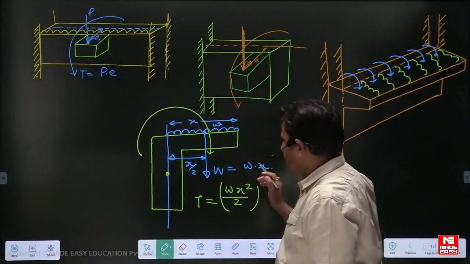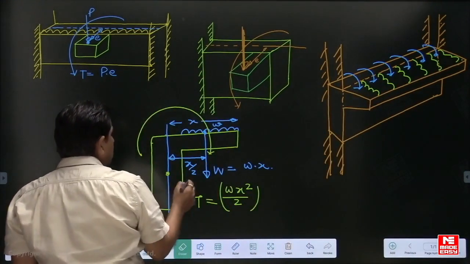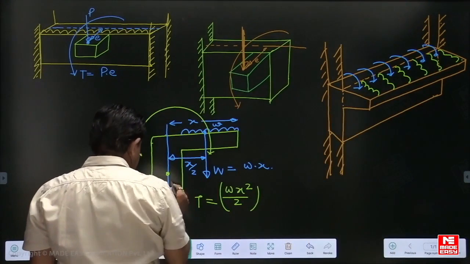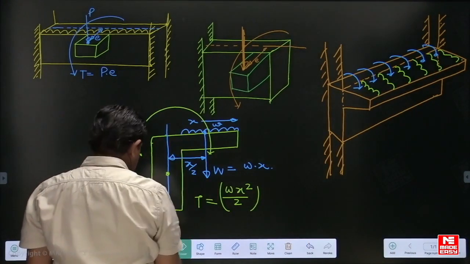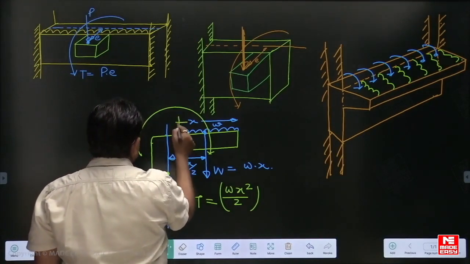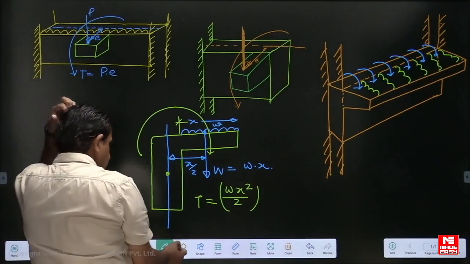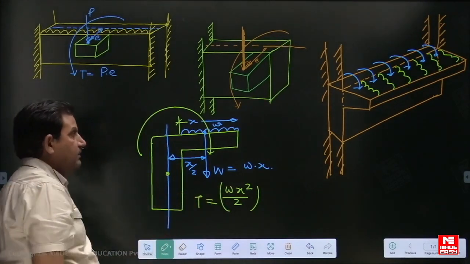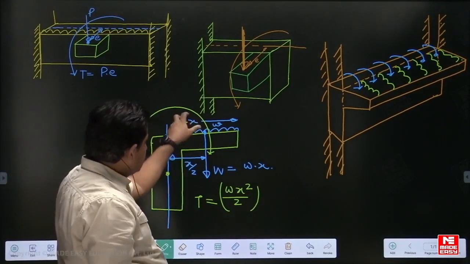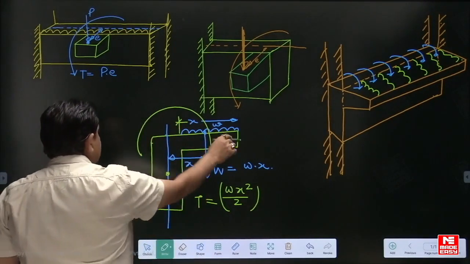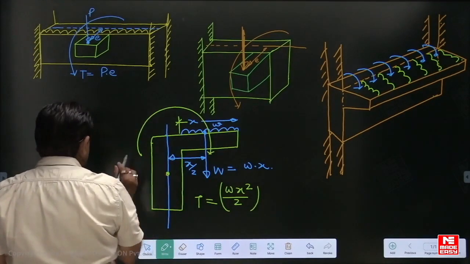You can consider only this portion, the total load, and whatever is the distance, you can consider this X up to this point, or any other value also. Whatever moment you get due to this negative bending moment of the cantilever will become a torsional moment for the beam.